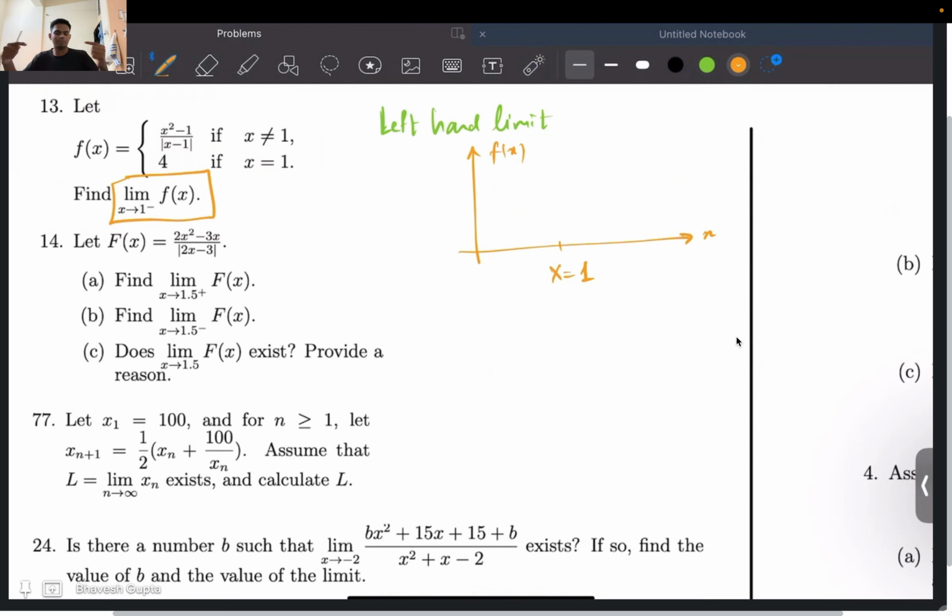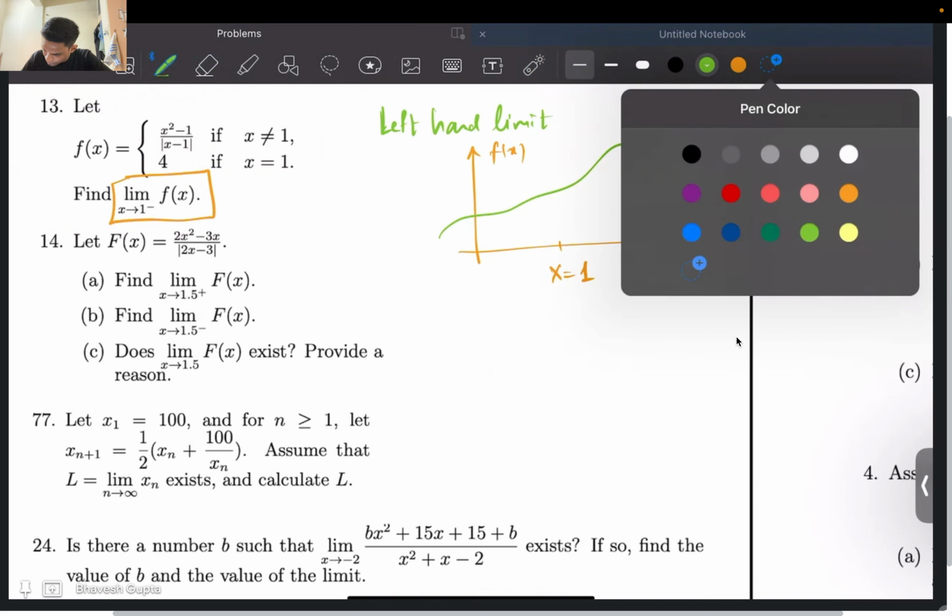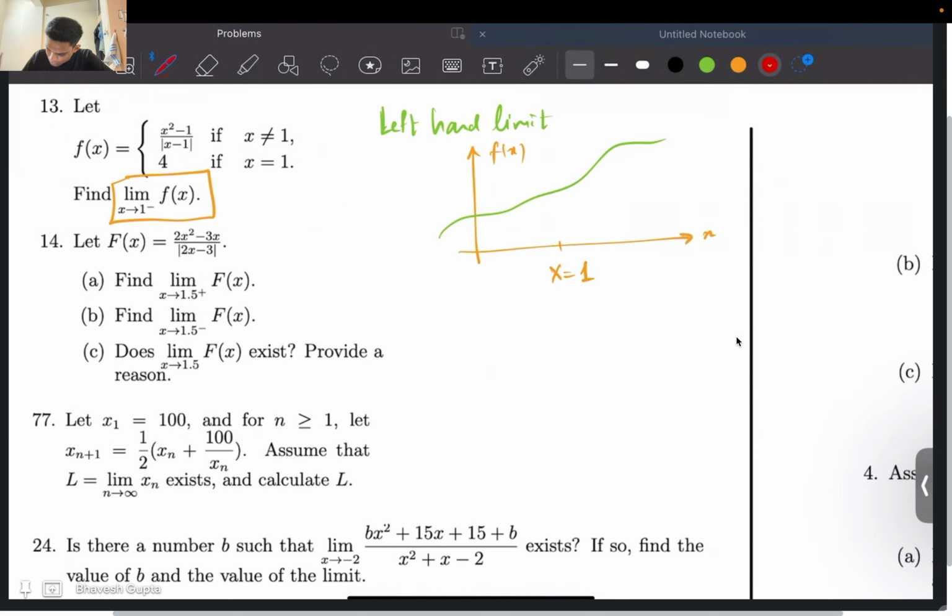There are two ways you can approach a given point on a curve. Now let's say you have a function defined in this way and you want to figure out what my limiting value would be here, because according to the definition it is given as 4, which is here, right?